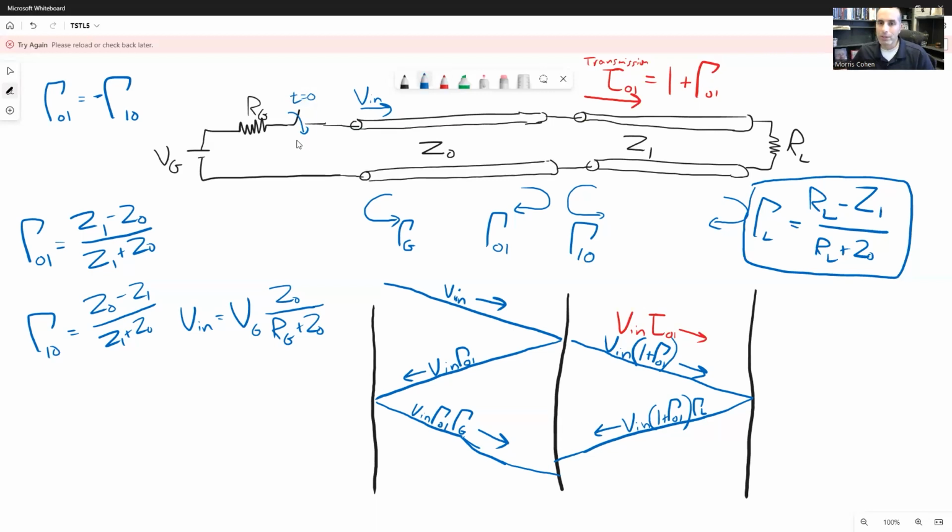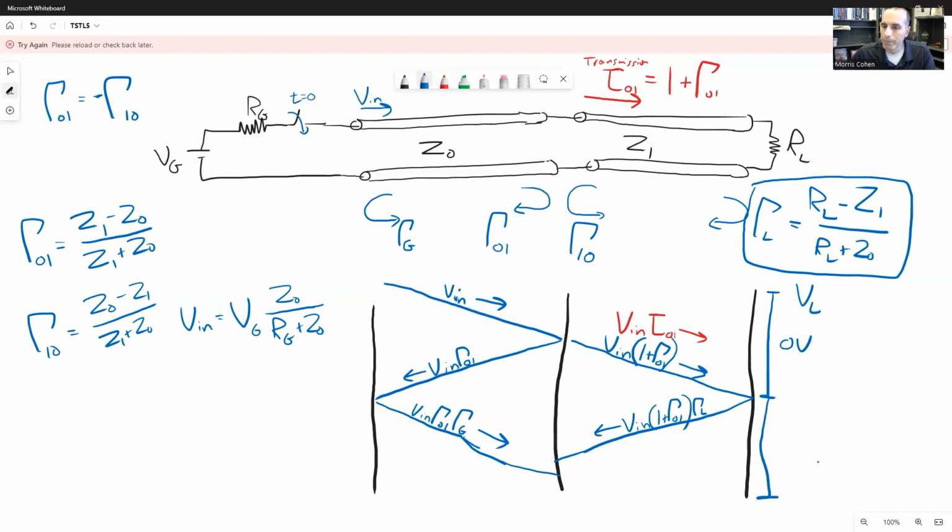I have an example in the notes to take you through with actual numbers, where you can track everything. But just to state one thing right here: we know how to track what the voltage on the load is. This is going to start out at 0 volts.